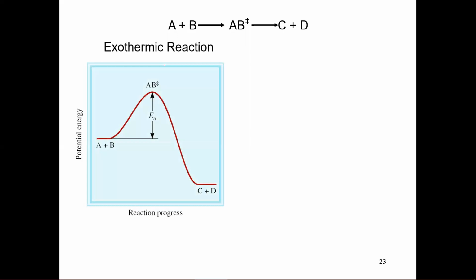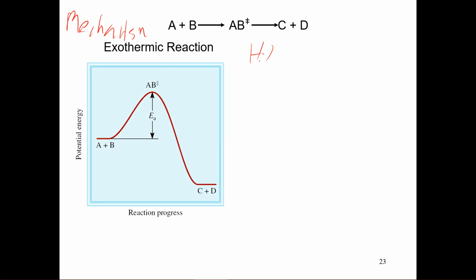Now, when you have a reaction, this is about what is called reaction mechanisms. This is essentially the nature of how that reaction occurs. This is the next topic. So with an exothermic reaction, essentially you have A plus B. Let me give you an example.